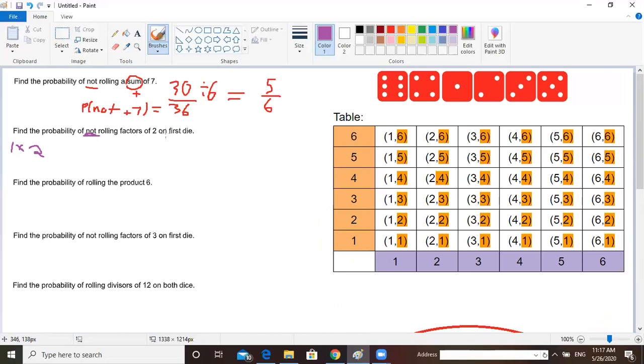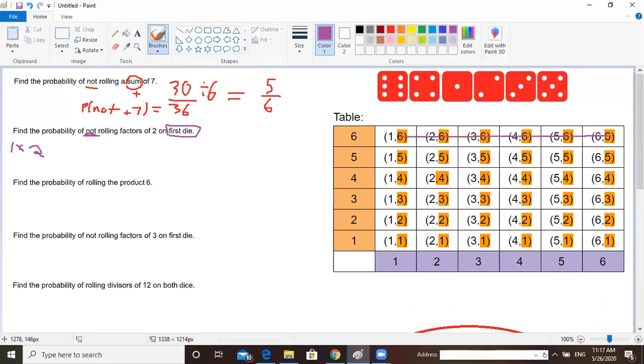And then over here, we also have to pay attention to our first die only. Since we have our die color-coded, we can use our orange for our first die. So anything that's not a factor of 2, we're going to cross off on our orange die.